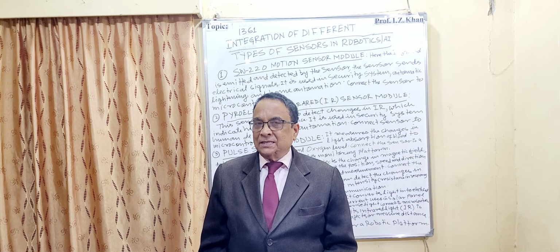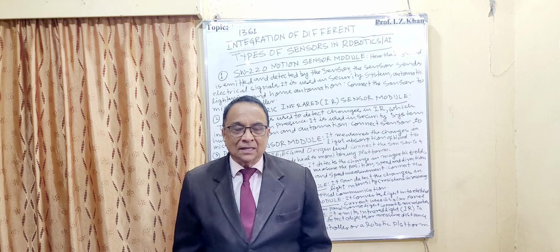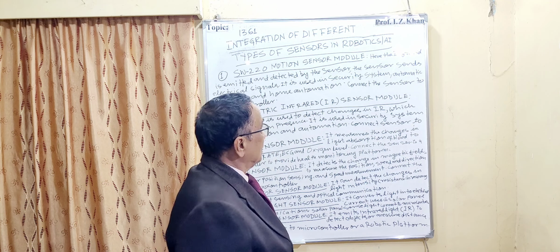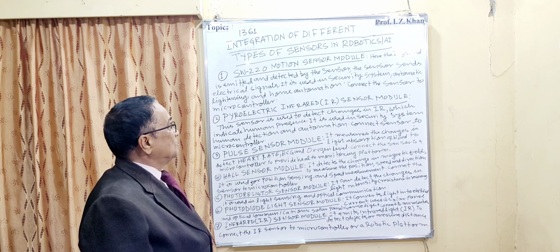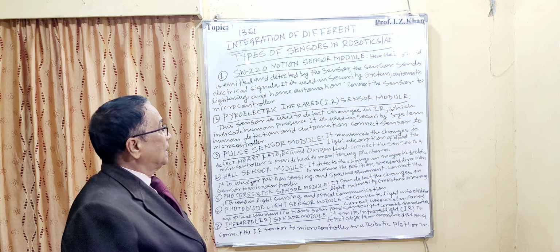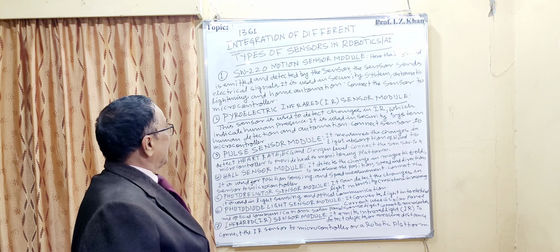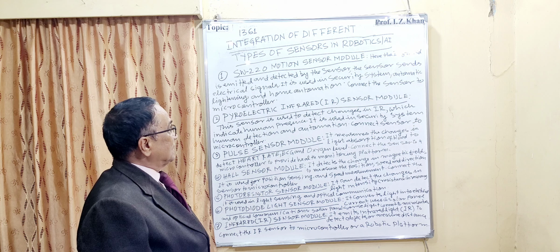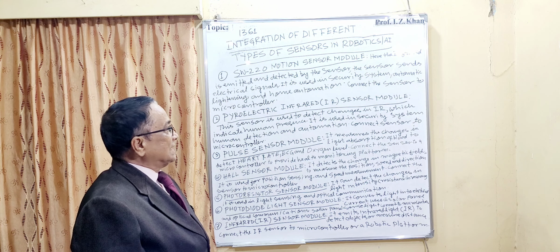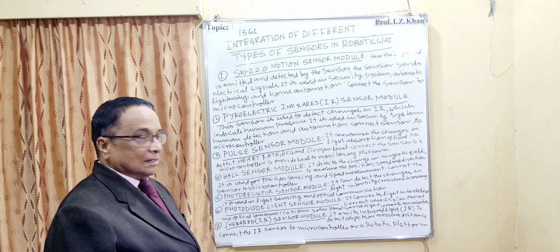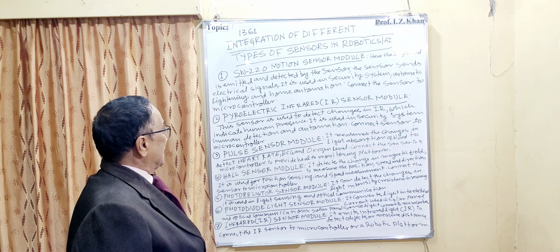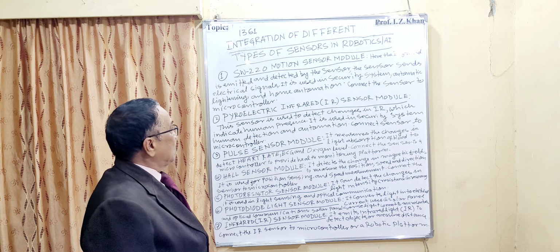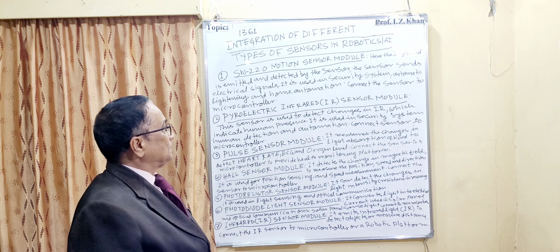Today I am discussing 7 different types of sensors and how they are integrated. So number 1 is the SW220 motion sensor module. Here the infrared is emitted and detected by the sensor. The sensor sends electrical signals, and it is used in security systems, automatic light turning, and home automation.